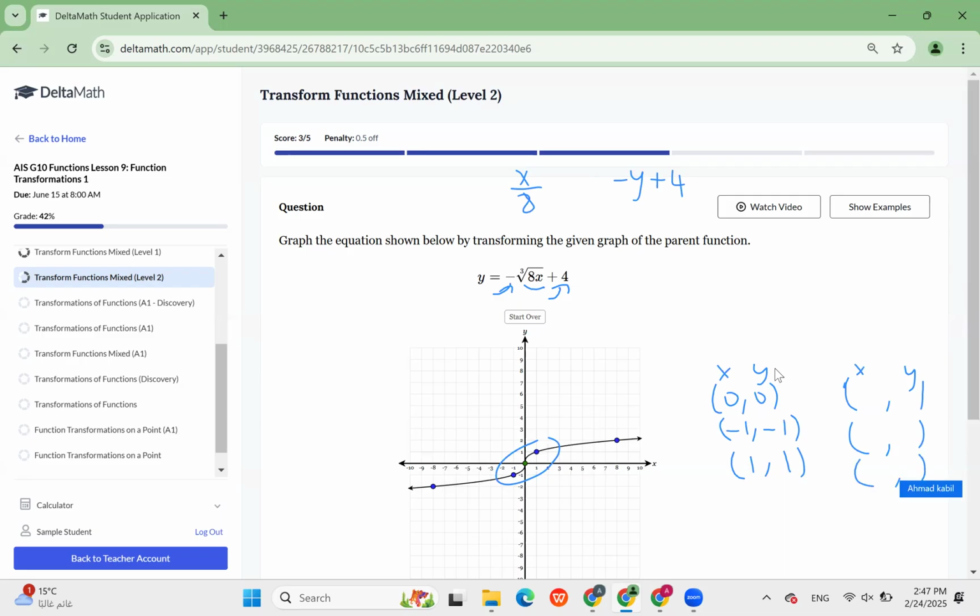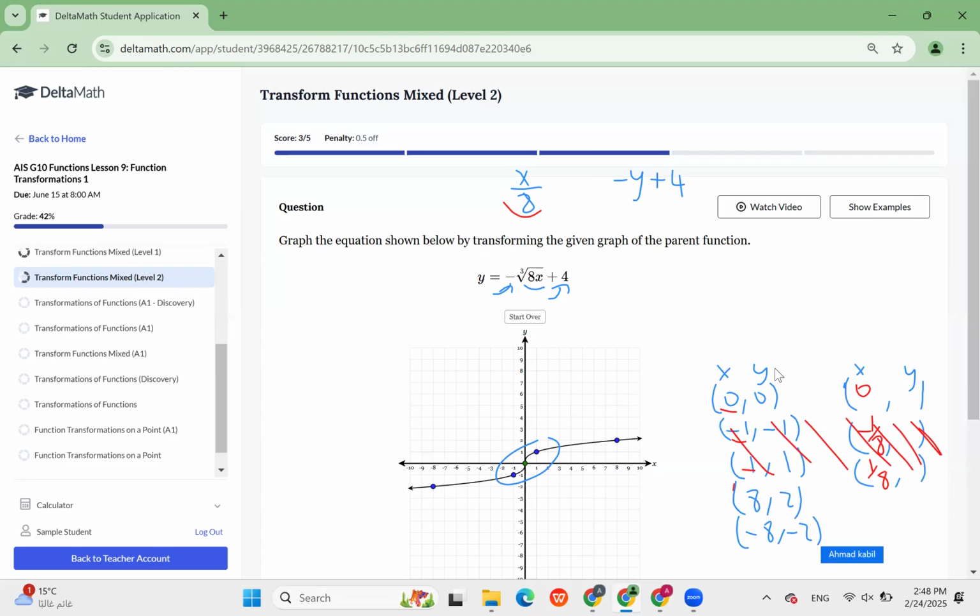The x's are 0, -1, and 1, and they're going to become over 8. We'll get fractions, which will be hard to plot. So instead of the -1 and -1, let's take 2 other points, which are 8, 2, and -8, -2.